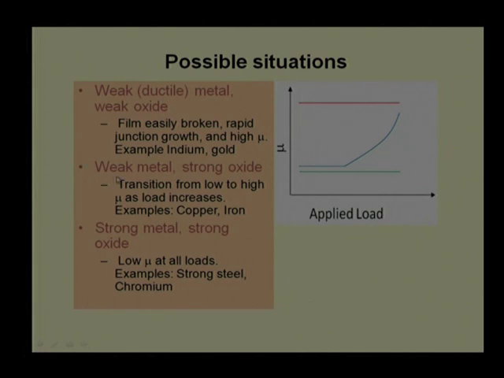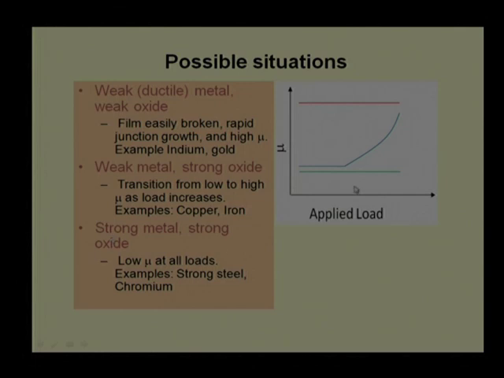Coming to the second one, the weak metal and a strong oxide can be plotted as a blue line. You see that there is initially a constant coefficient of friction, and then there is a rupture of the layer, and that is why there is a sudden increase in coefficient of friction.